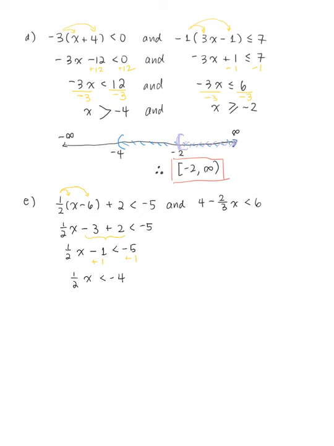So you need to multiply by the reciprocal of 1/2, which will be 2. If I'm going to multiply this side by 2, that means I better do the same thing on the other side. Okay, so then what do we get? 2 times 1/2 gives you just 1. So here you're going to have x is less than -8. Okay, now let me just jot down the word and.